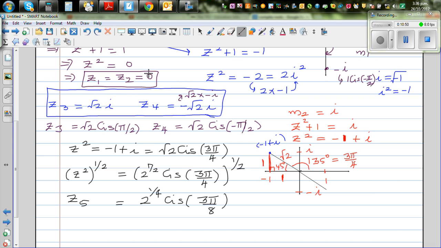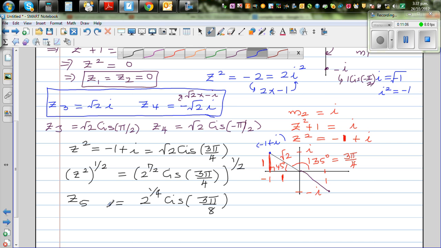So this and the other point would be somewhere here. So z would have the same radial distance.